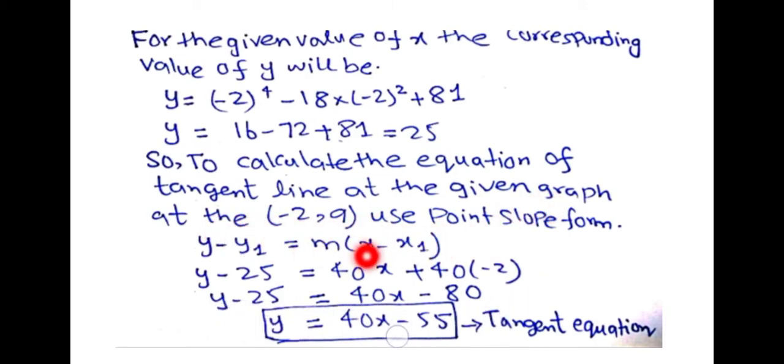So for finding the value of y, we simply move this value to the right hand side, and it becomes y is equal to 40x - 55. This is the tangent equation.